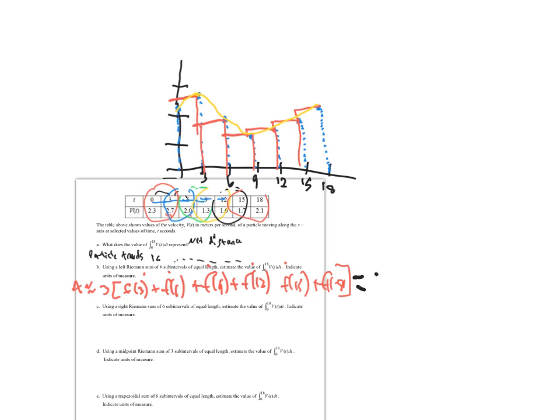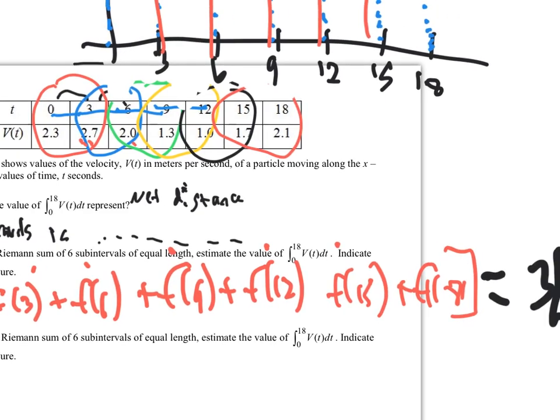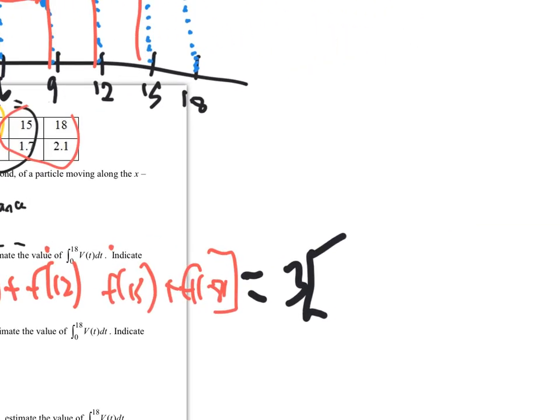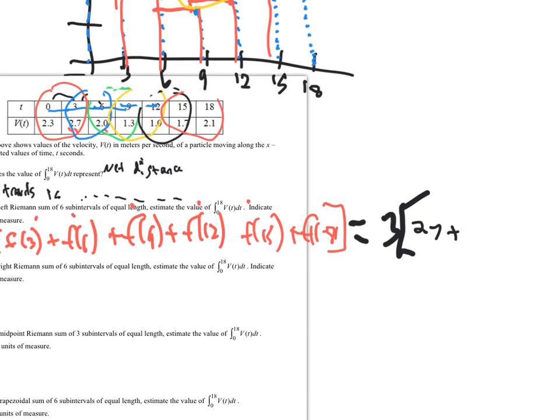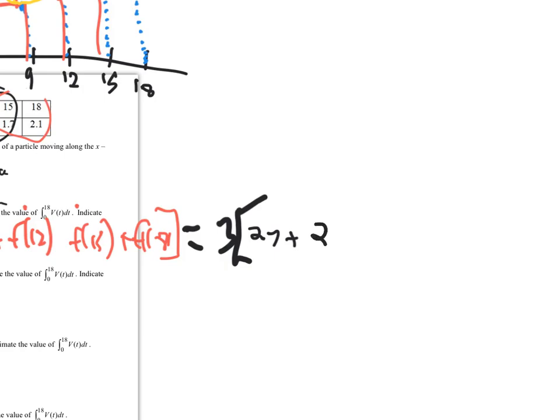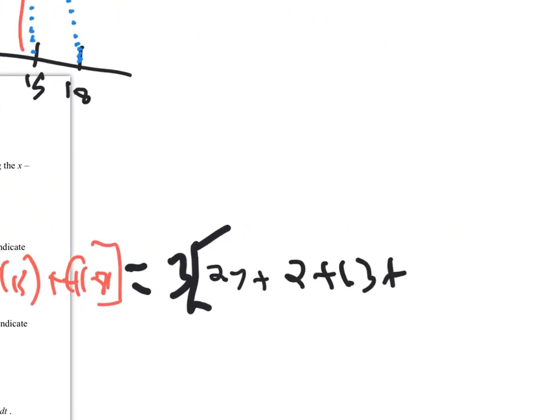The area was 3, and the heights for each one started at 2.7, then a 2, and then a 1.3. After the 1.3 was 1.6, 1.7, and 2.1.